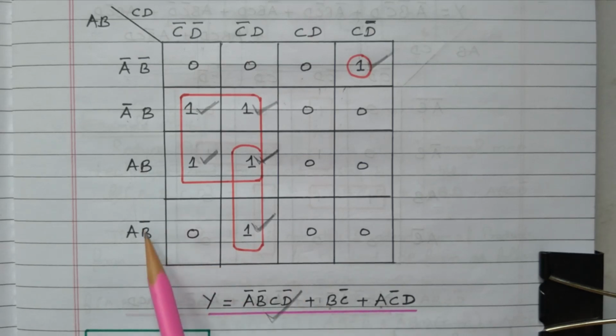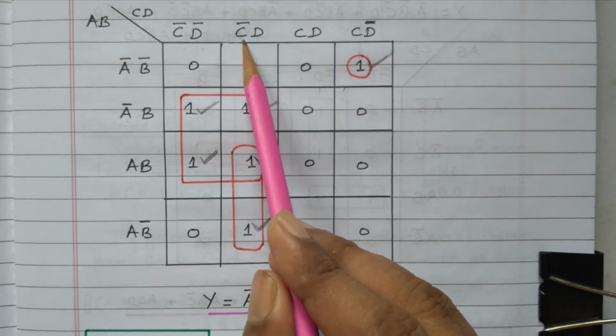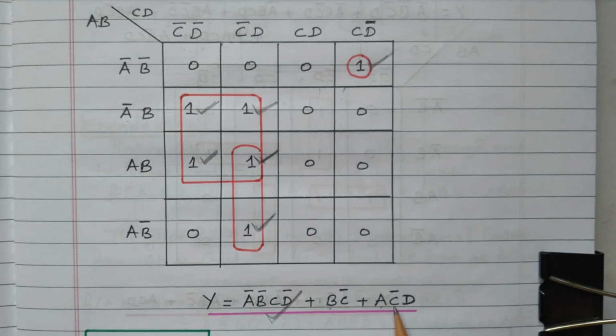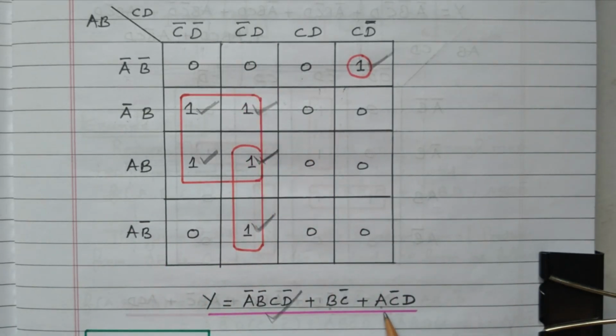While referring this side, only one term is there, C bar D. So that C bar D is written as it is. So A C bar D. Right, so this is the final expression.